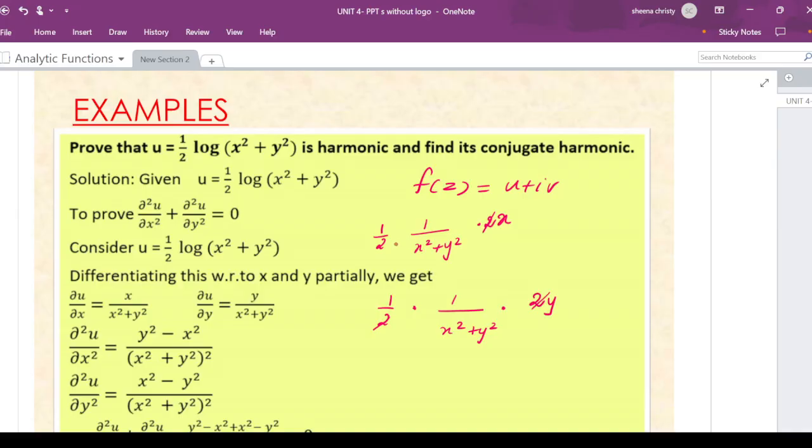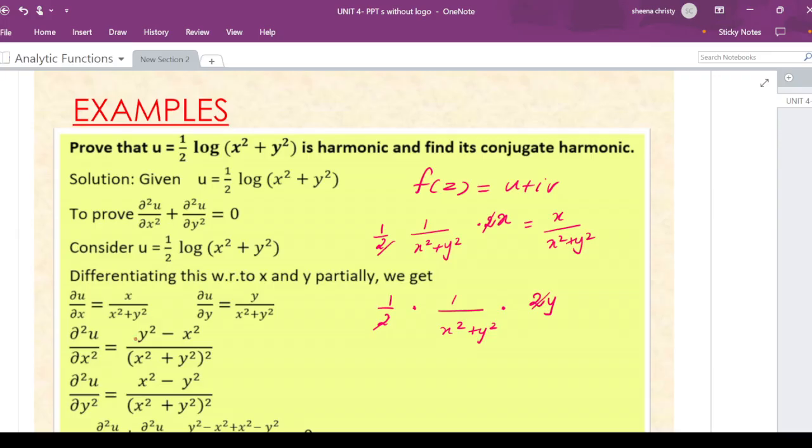So 2 gets cancelled. You are having dou u by dou x equal to x by x square plus y square. Likewise, dou u by dou y, differentiating u with respect to y partially, gives y by x square plus y square.